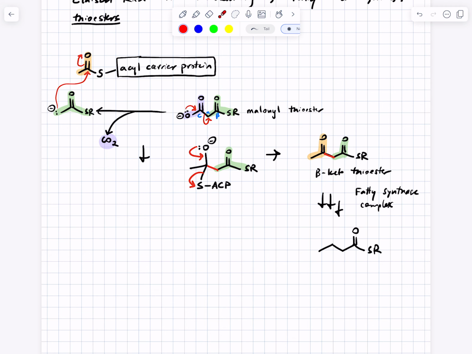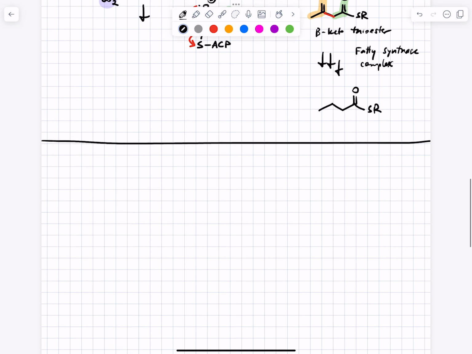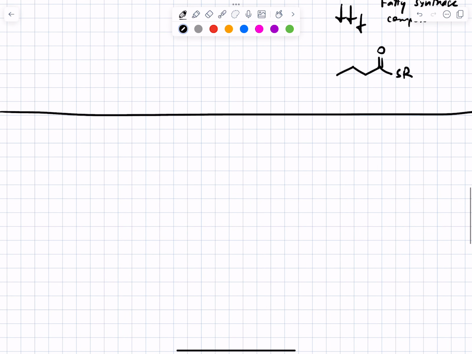All right, so we got 2 more reactions to do in chapter 18. One of them is a variation on a reaction that you've seen before. It's called conjugate addition, we saw this before, or alternatively, it's called 1,4 addition.